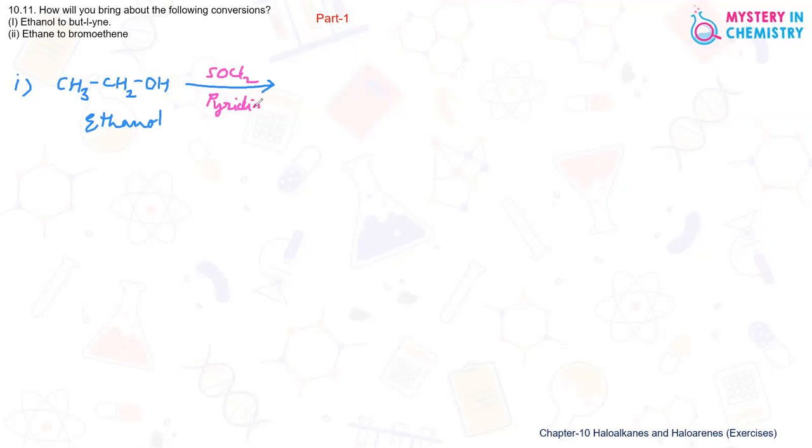This reaction is selected because the byproducts formed, SO2 and HCl, are all gases, so they are removed from the reaction mixture and you can get the pure halide compound required for the next reaction. So it is CH3CH2Cl.